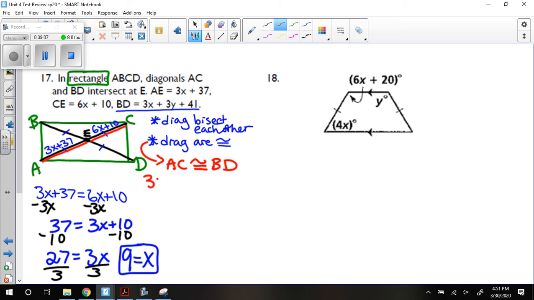So we've got 3x plus 37 plus the 6x plus 10 is what AC is. And then in the problem, they told us that BD is 3x plus 3y plus 41. Hold on, let me rewrite that. Okay, 3x plus 3y plus 41.